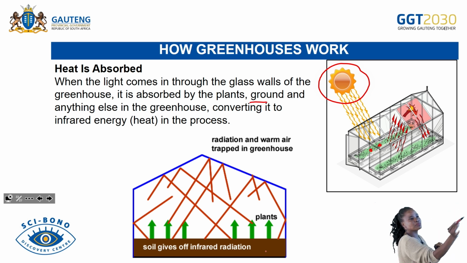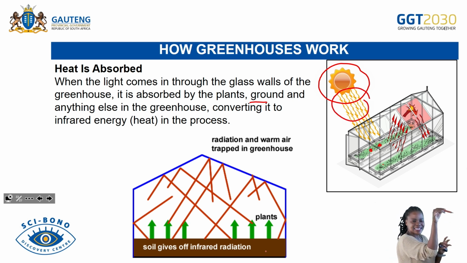It will also be absorbed by the ground, maybe the soil, and by anything that is inside the greenhouse. And now what is going to happen with this light? As soon as it gets into the greenhouse, it is going to be converted into infrared energy. What is infrared energy?